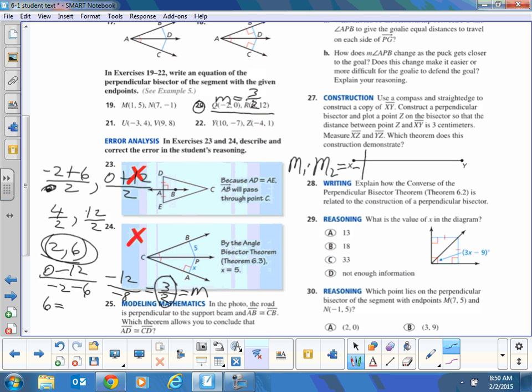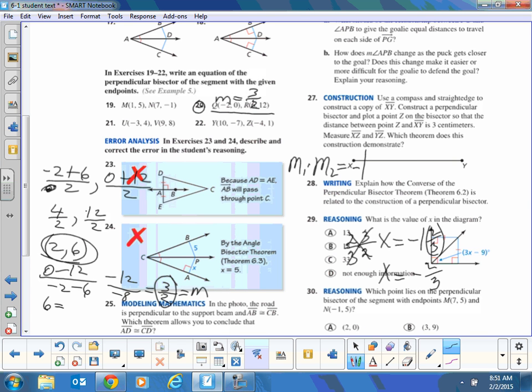So what am I going to multiply 3/2 times to get negative 1? Well, I could just ask it like this: 3 halves times x equals negative 1. So x equals negative 2/3 to get negative 1.